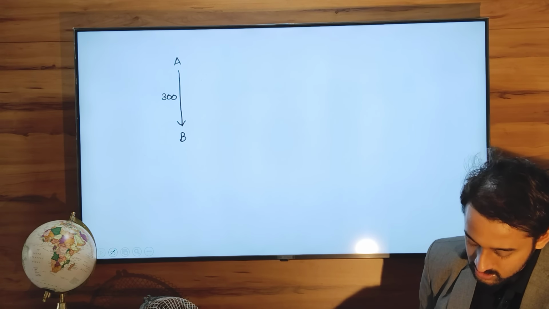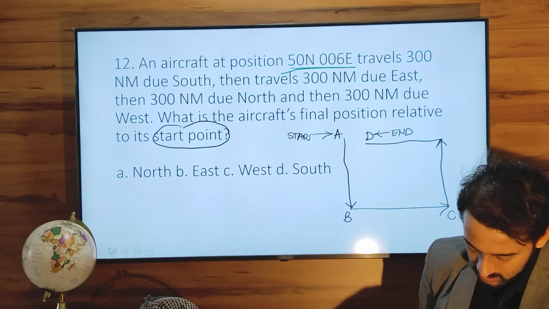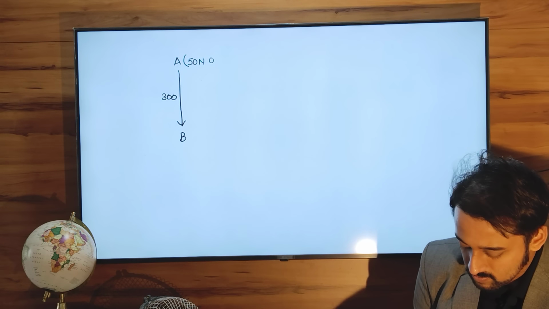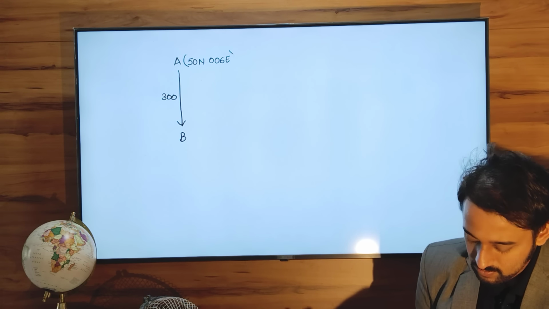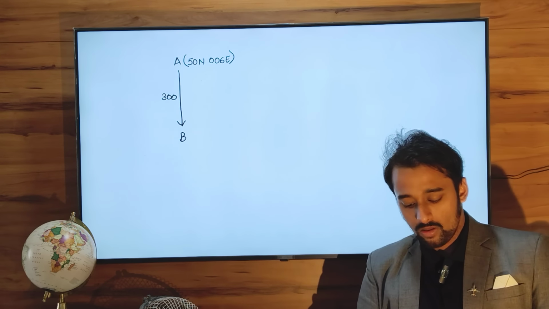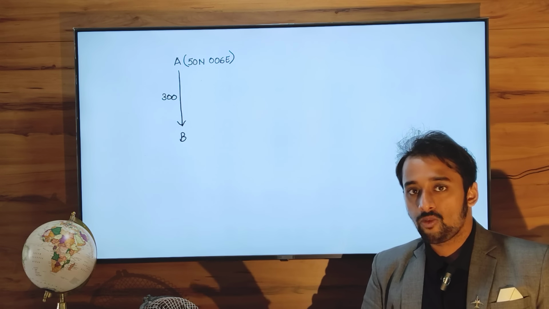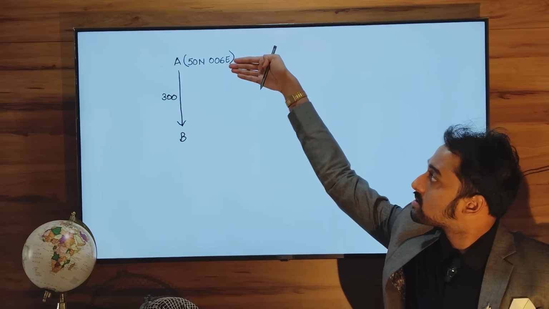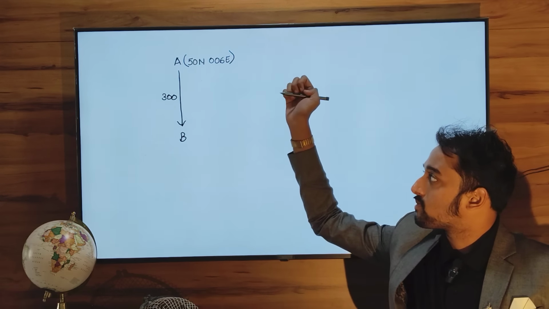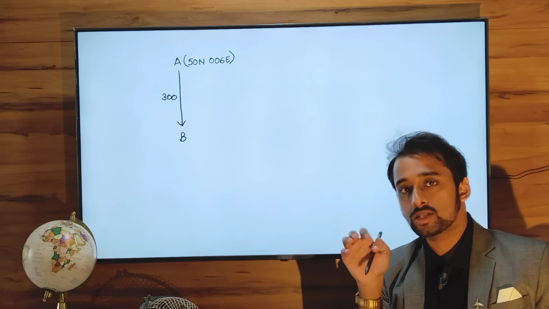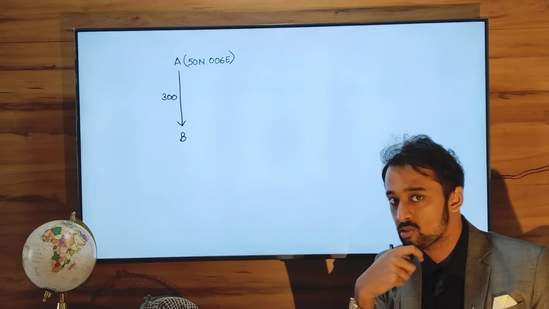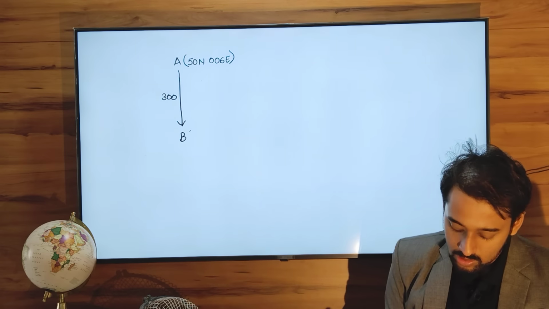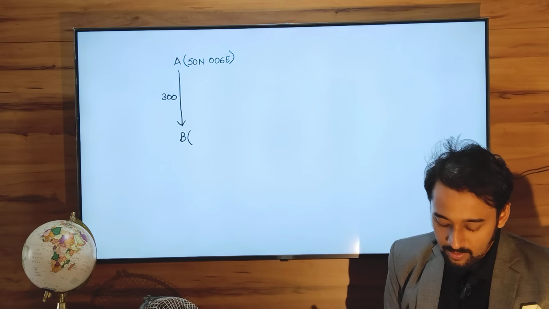Location of A is 50 north 6 east. So let's tackle one route step by step. A to B, you're going south. When you go south, you travel across latitudes. So the latitude of B will definitely be something new. Longitude will remain the same.